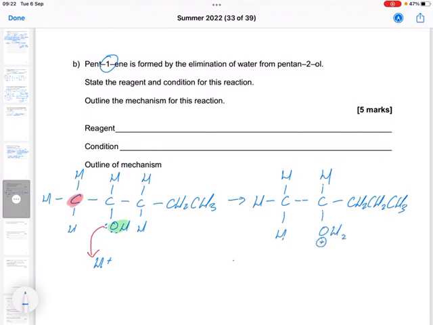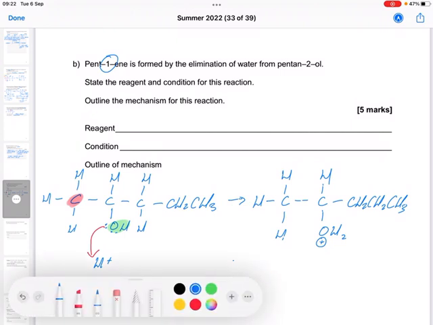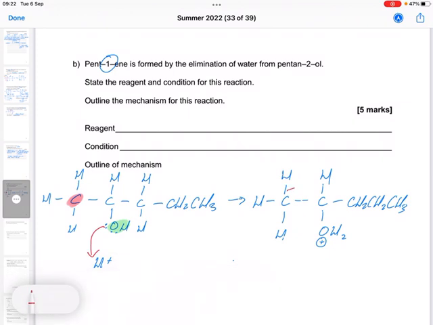My next step is the curly arrow from this to there, and from this to here, and this is the elimination of water.